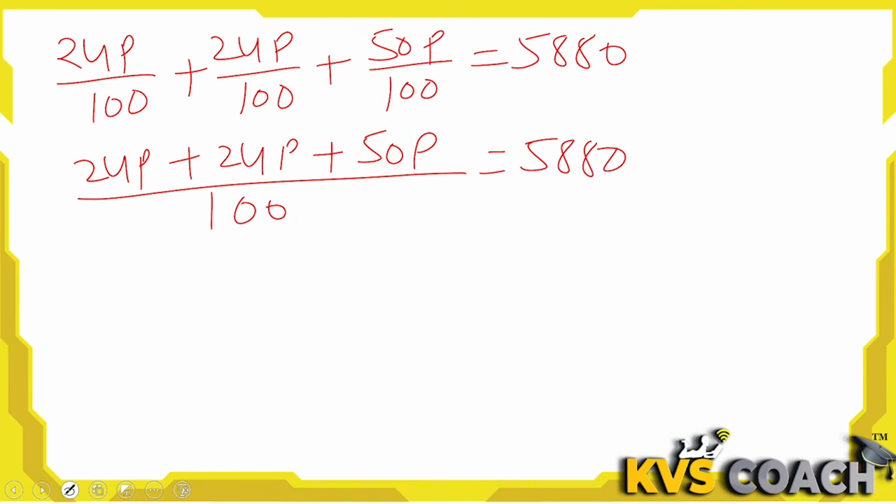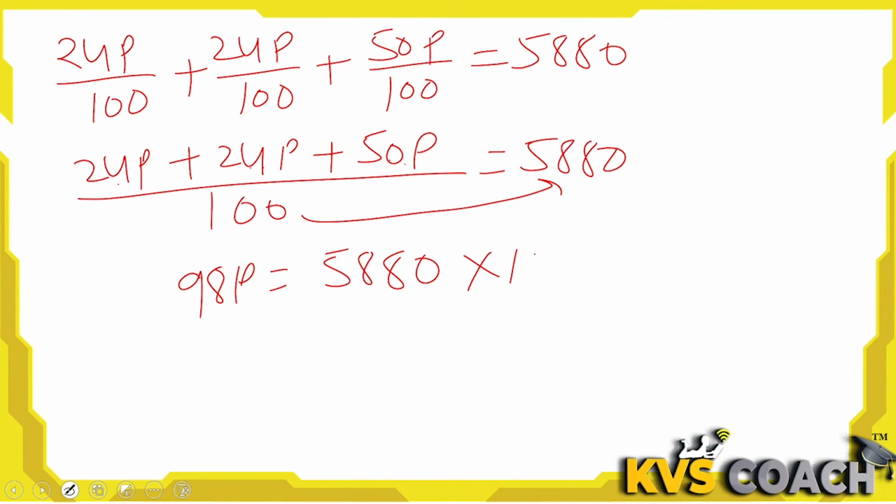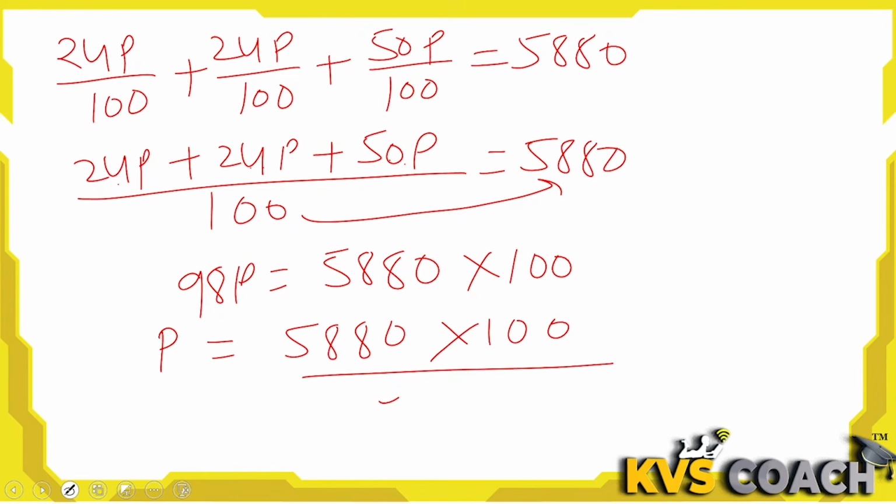Now what we will do, we will cross multiply here and add them here. 24 plus 24 is 48, 48 plus 50 is 98P, equal to 5880 into 100. Then the value of P is 5880 into 100 upon 98. 98 sixes are 588, so we will take 60 into 100, which is 6000.